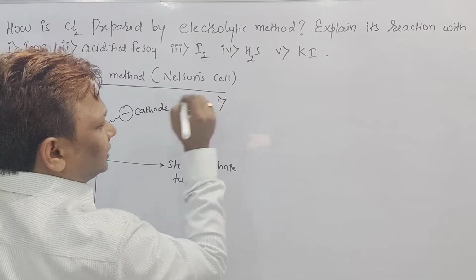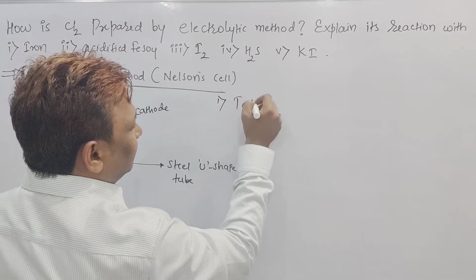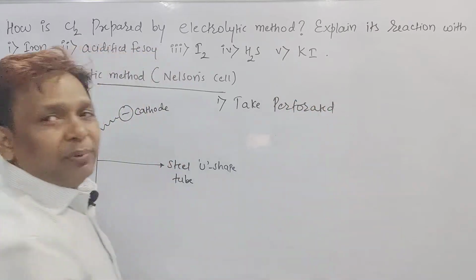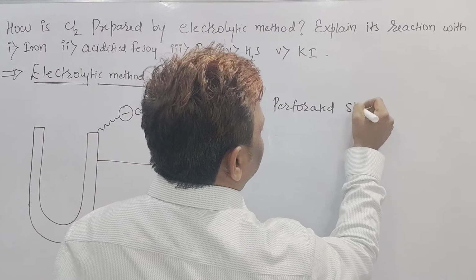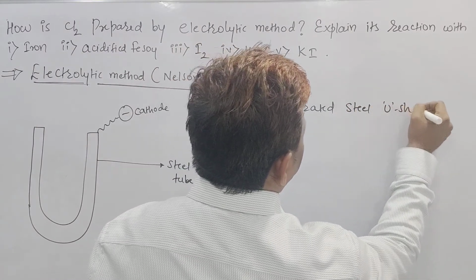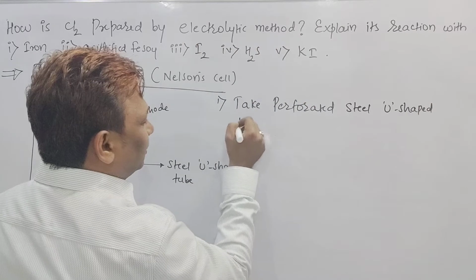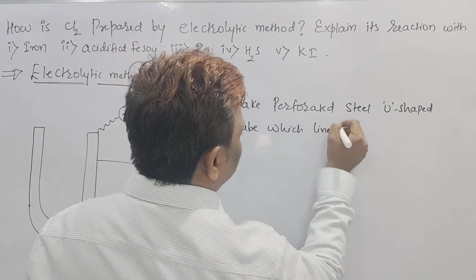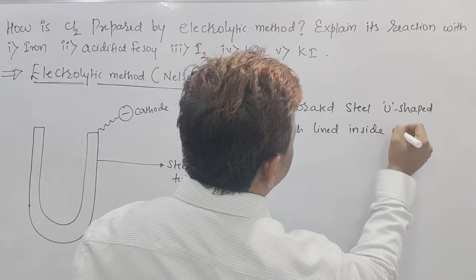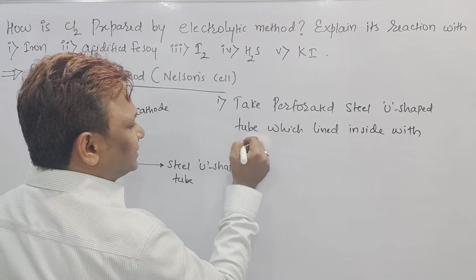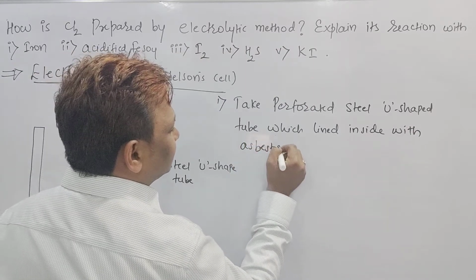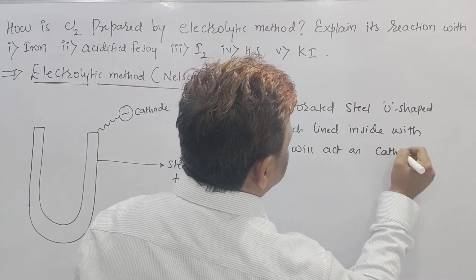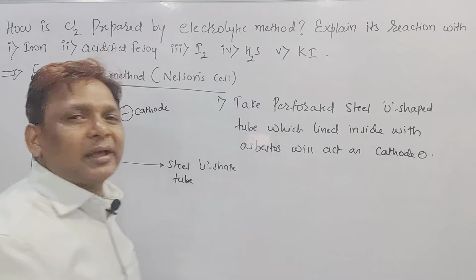The first point you should mention here: take a perforated steel U-shaped tube which is lined inside with asbestos; it will act as the cathode. What is the cathode? The negatively charged electrode is called the cathode.